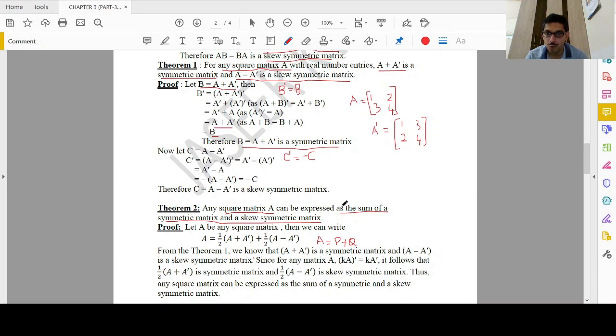In the previous theorem we proved that A plus A dash is symmetric and A minus A dash is skew symmetric.